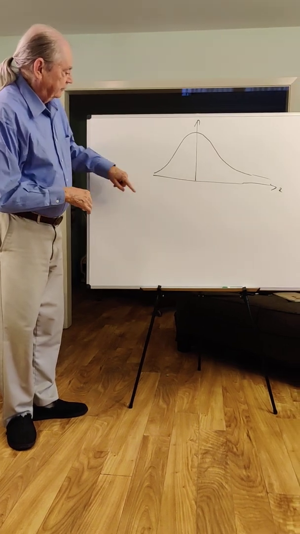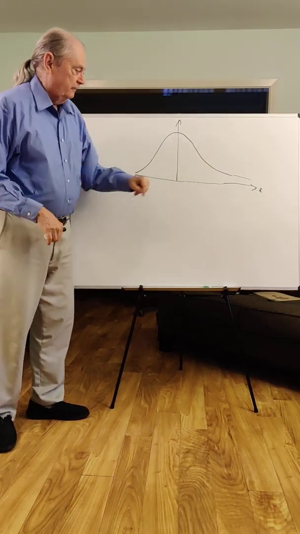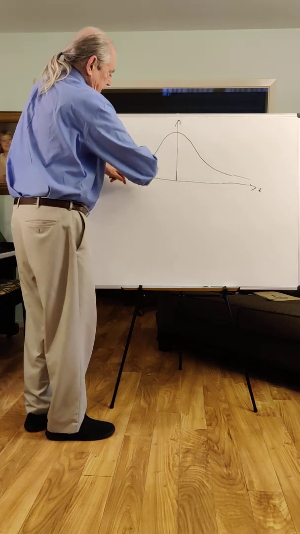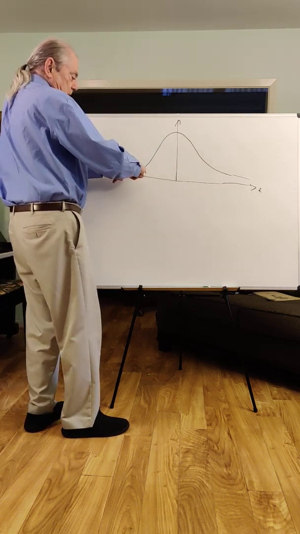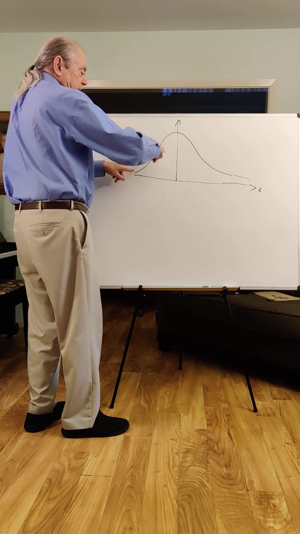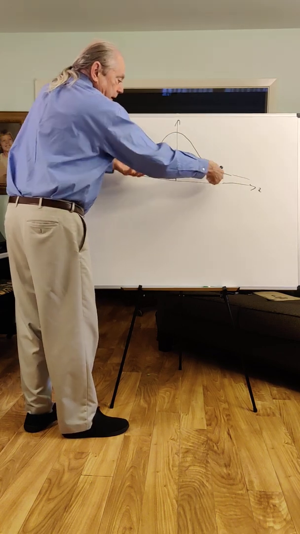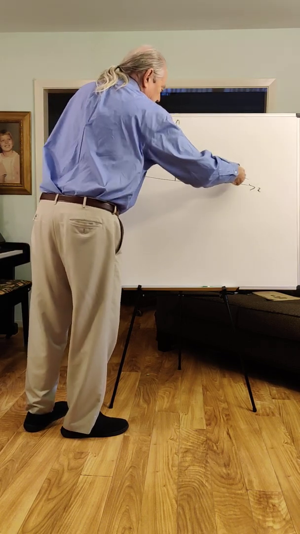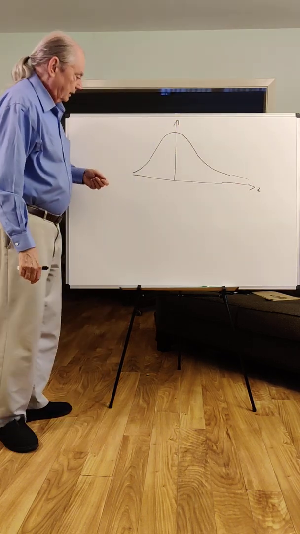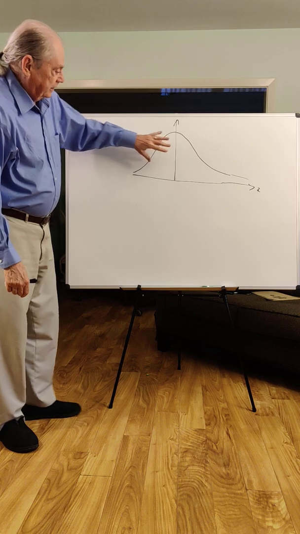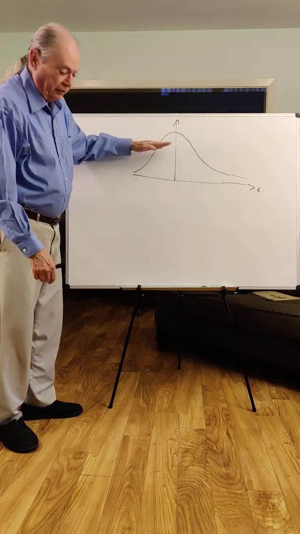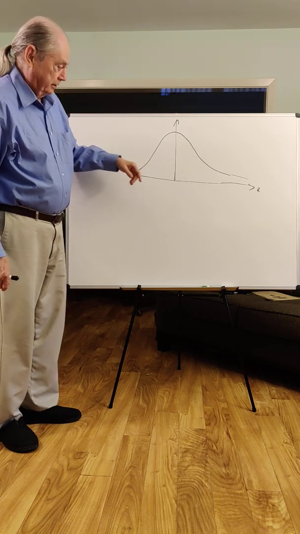So it extends from minus infinity to plus infinity, so that if we consider a region whose boundaries are the curve and the horizontal axis, this region extends forever in both directions. Despite that, the area of the entire region, the area under the whole curve, is exactly 1 unit.